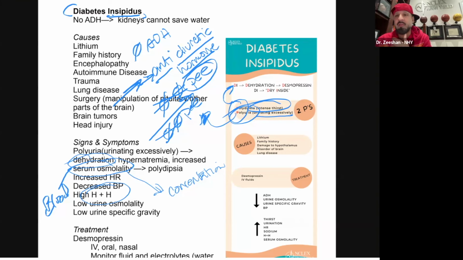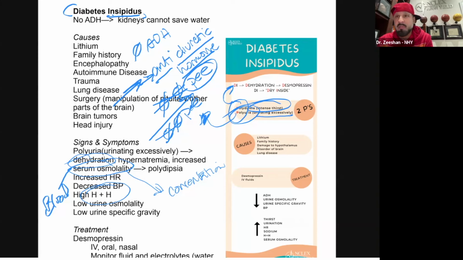So what do we do about it? Well, the first thing is obviously going to be to treat the underlying cause. Autoimmune disease, immunosuppressants; family history, not really much we can do about it. Traumatic brain injury or any type of tumor, remove it or treat the underlying cause. Lithium, slow down or hold, change the medication. The idea would be to treat the underlying cause. That would be the resolution.